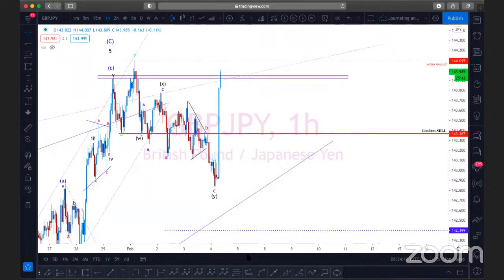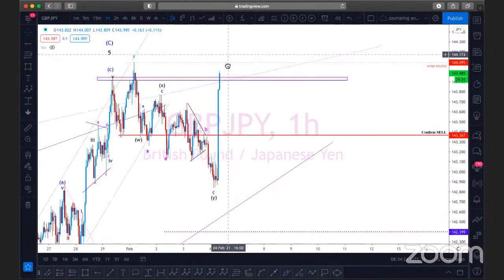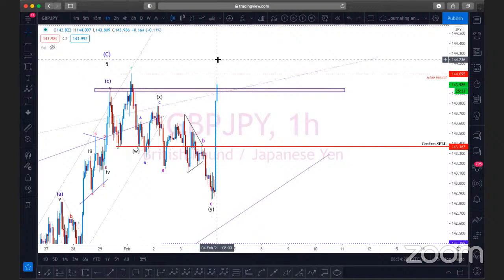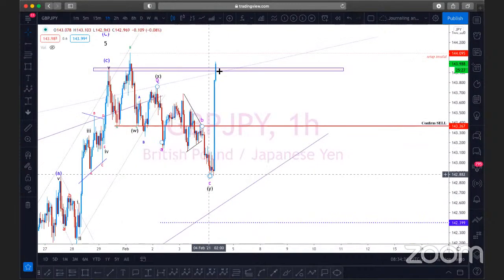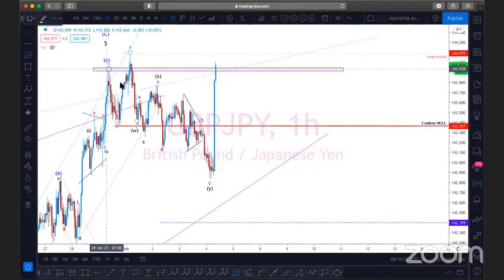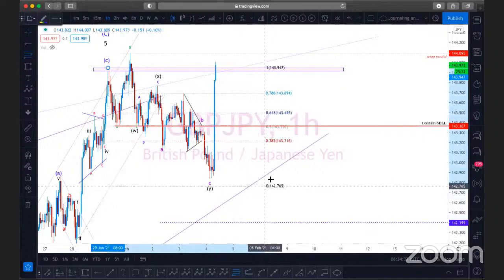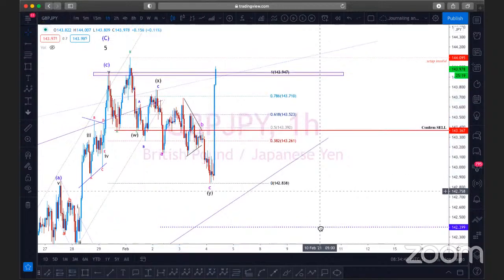And all we're simply looking at is that B wave could potentially land between the 1.618 extension or the 1.382 extension level of wave A. And to get that, I could potentially put my Fibonacci tools on this level here.